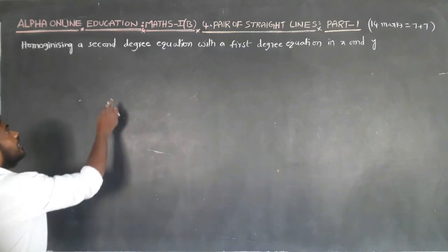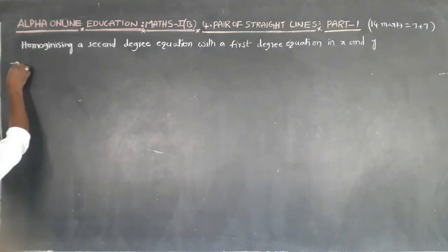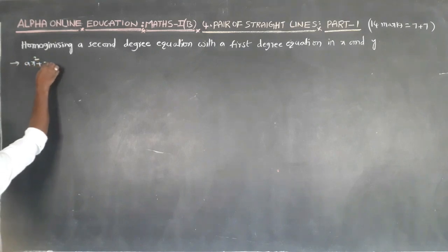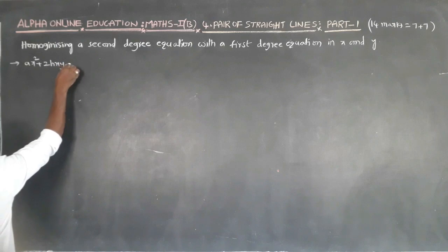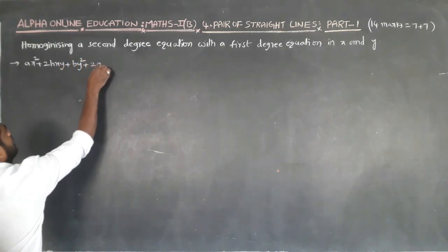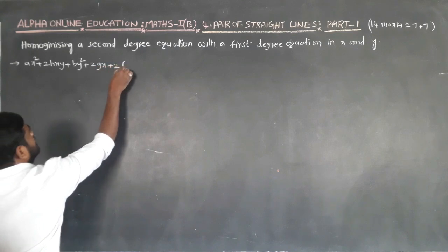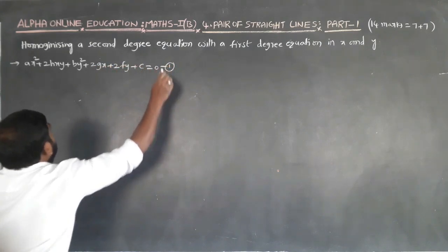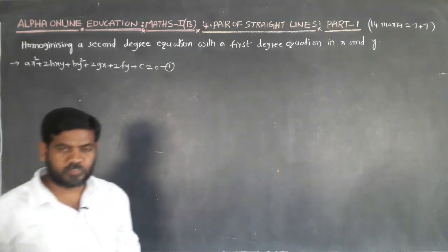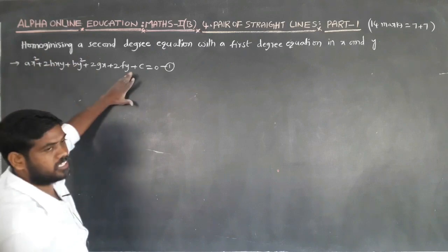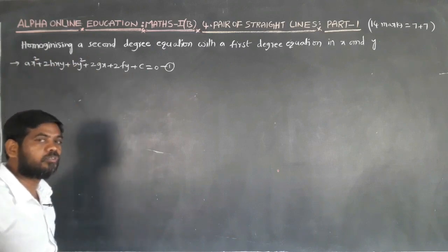The second degree equation is ax square plus 2hxy plus by square plus 2gx plus 2fy plus c is equal to 0, a second degree equation in x and y.